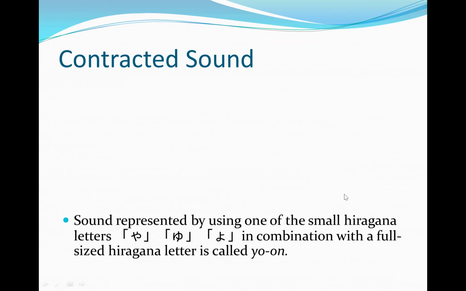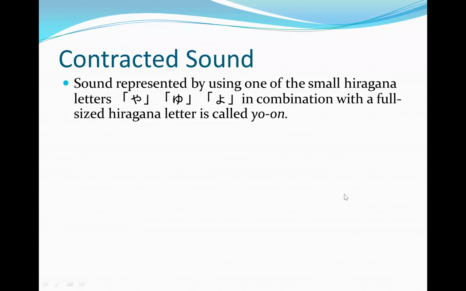Now, we also have contracted sounds in Japanese. So what are contracted sounds? These are sounds represented by using one of the small hiraganas, which are ya, yu, and yo. It is combined with a full-size hiragana, and it is called a yoon, or a contracted sound.